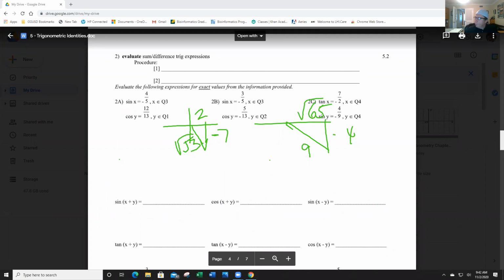So for the cosine of x minus y, or a minus b, as I keep saying, we're going to have cosine a cosine b plus sine a sine b. Fantastic.